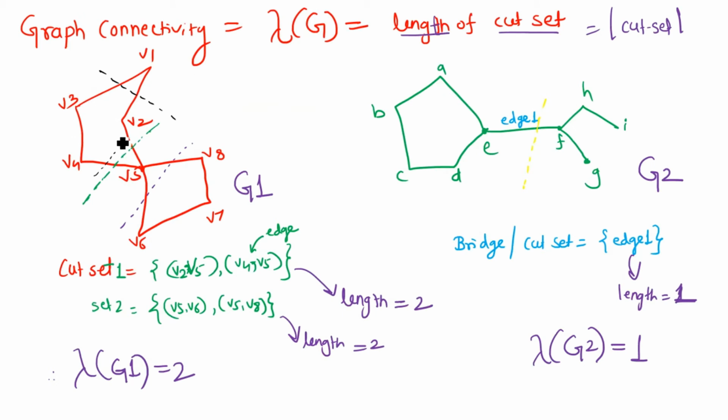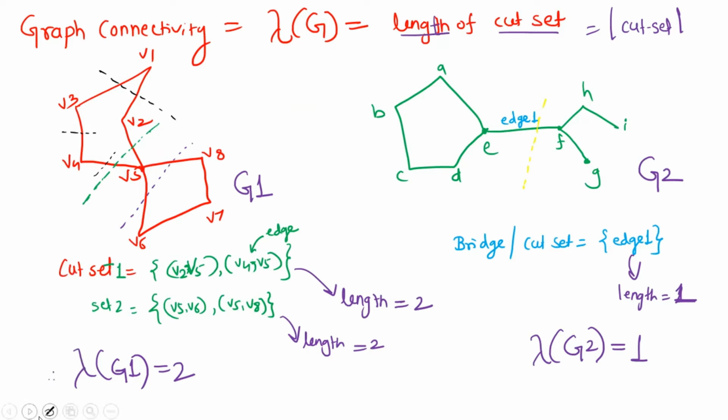Now in this graph, if I want to make a cut using only one edge, and I take any one particular edge and remove it, suppose I remove this edge, my graph doesn't get disconnected into two or more portions. So I should search for taking two edges.